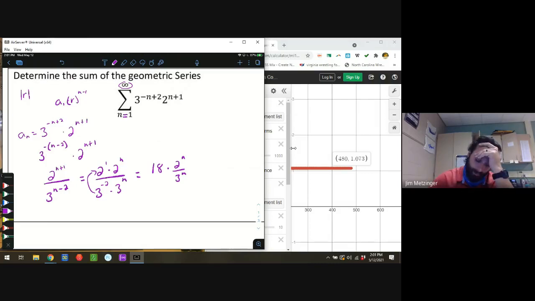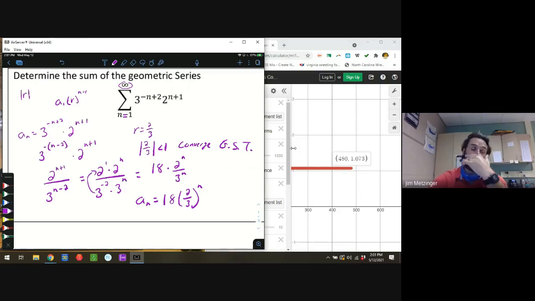So we rearrange our explicit form to be 18 times (2/3) to the n. Well, 2/3 is r. So the absolute value of 2/3 is less than 1, which according to the geometric series test, it will converge. The infinite series will. It's a G.